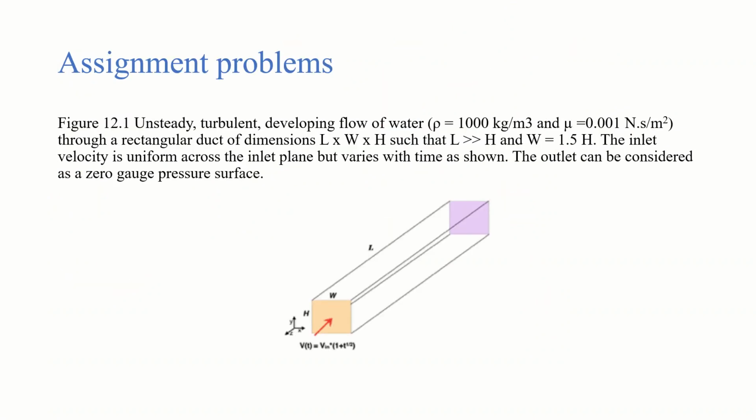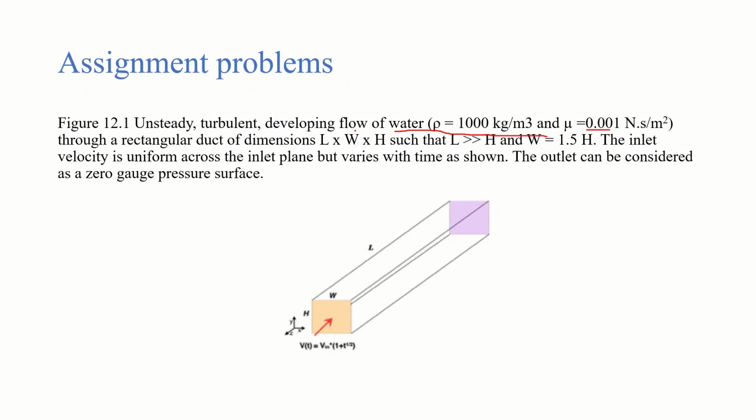First, a figure is given. Figure 12.1: unsteady turbulent developing flow of water, rho equal to 1000 kg per meter cube and mu equal to 0.001, through a rectangular duct of dimensions L, W, H such that L is very much greater than H and W is equal to 1.5 times H.